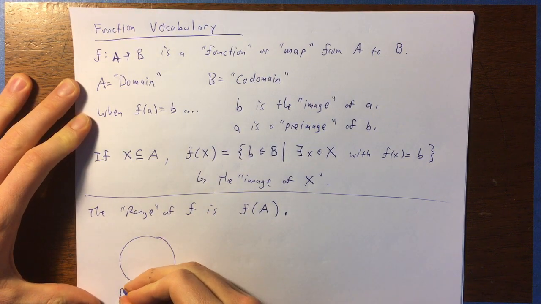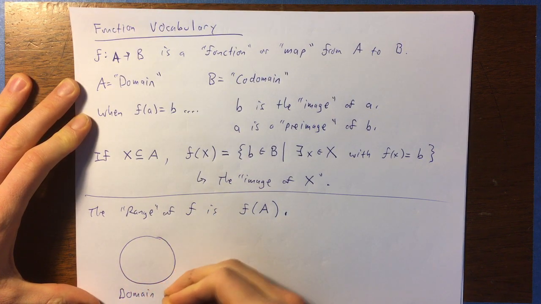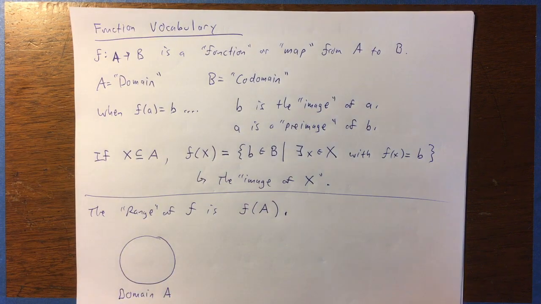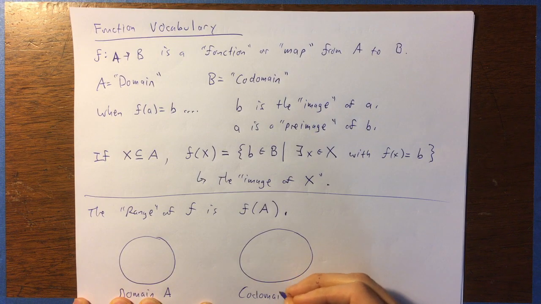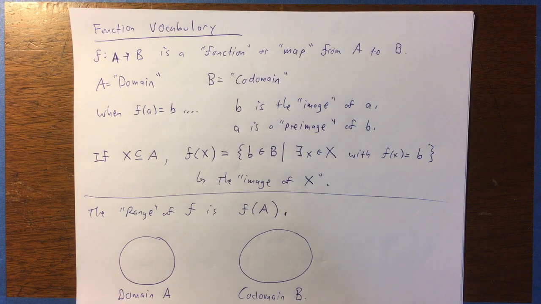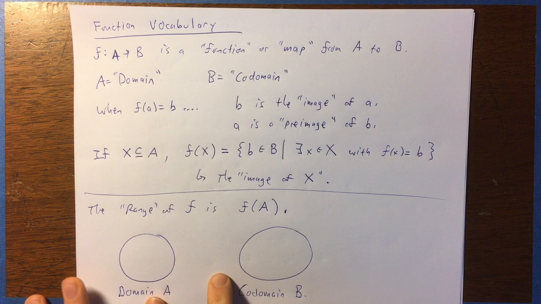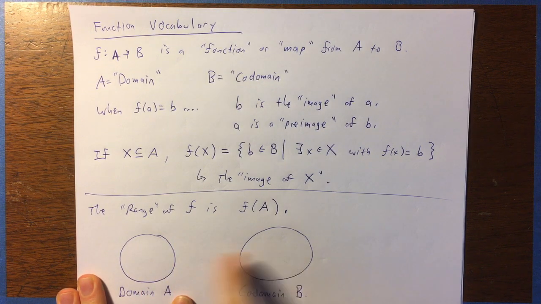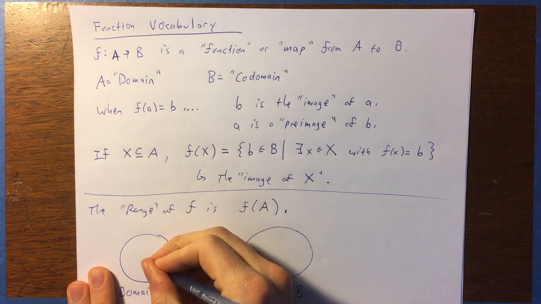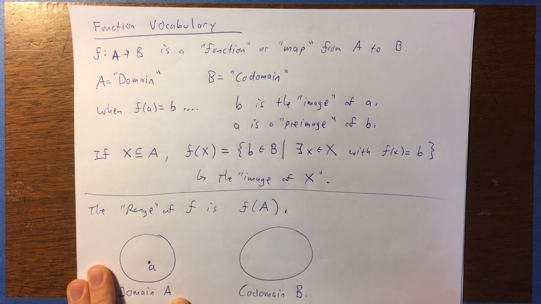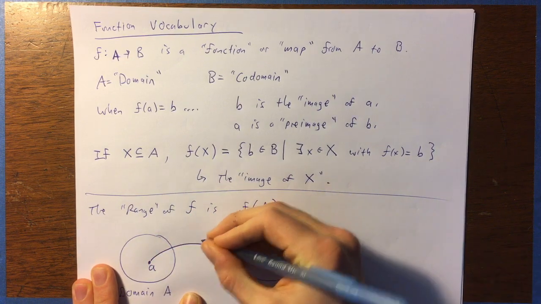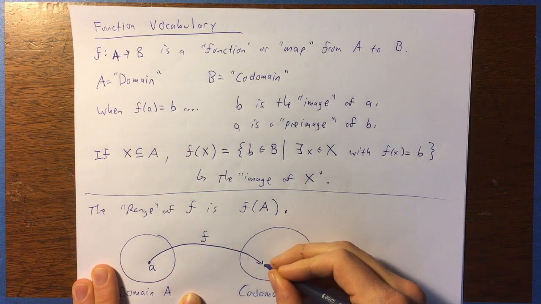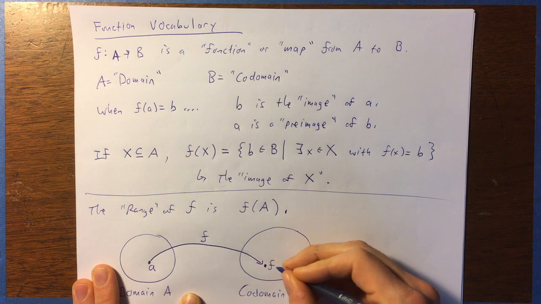Let's say this is our domain A. That circle represents our domain A. And over here, I'm going to draw a circle that represents our codomain B. The function f is a map that takes things from A and corresponds them with things from B over here. So if I have an element over here, let's call it lowercase a, the function takes that and maps it to some element over here, which I'm going to call f of a.